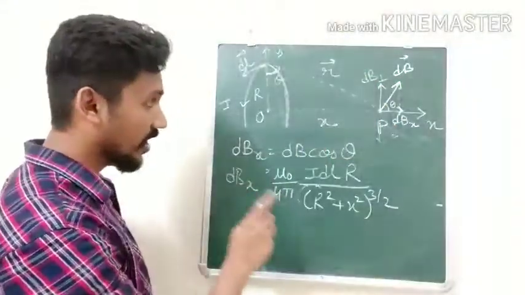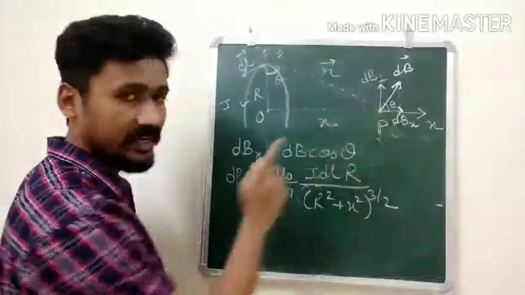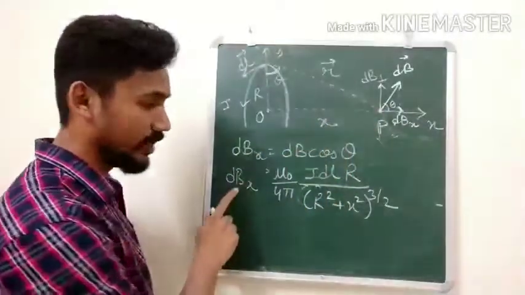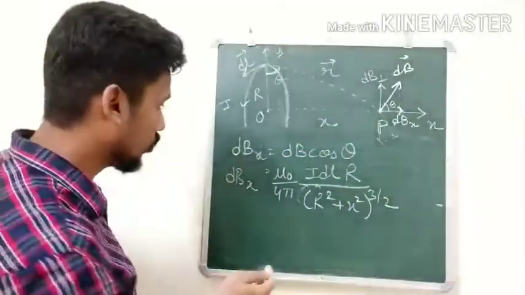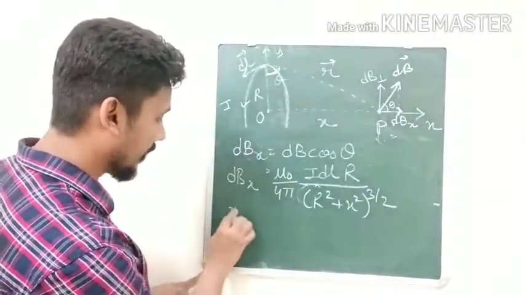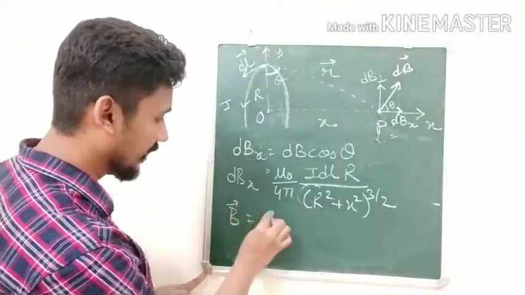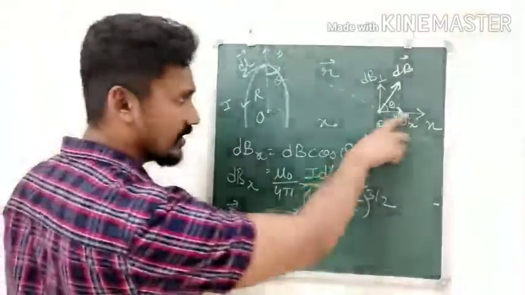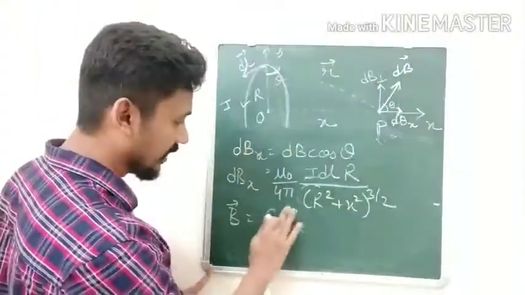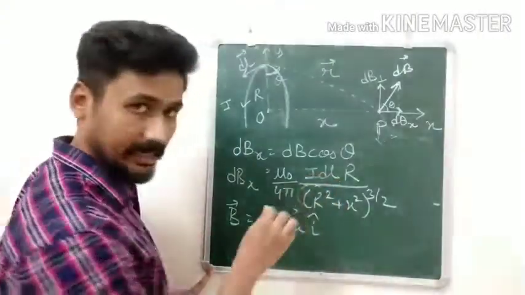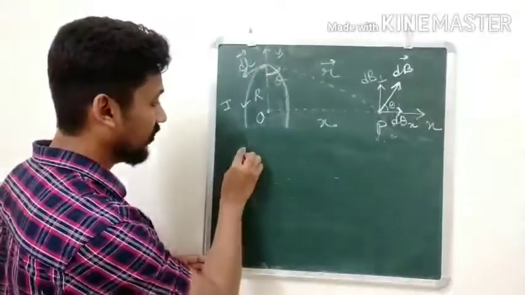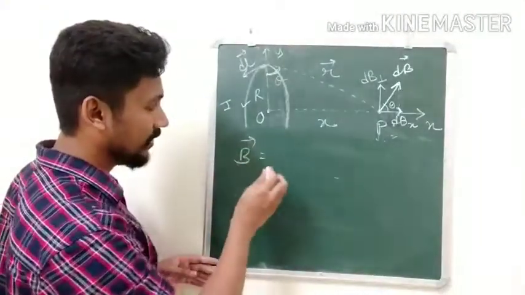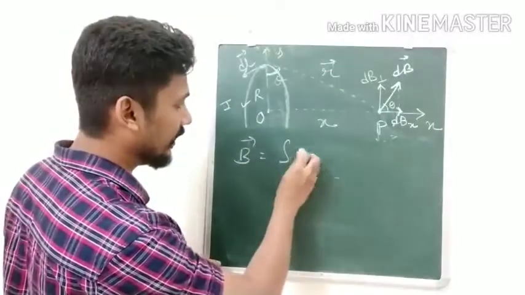This is the total magnetic field at this point. To find the entire magnetic field developed at this point, we will have to take the integration. So the total magnetic field, capital B, is equal to the integral of dBx. Since it is along the x-axis, we can simply write it as dBx i cap.